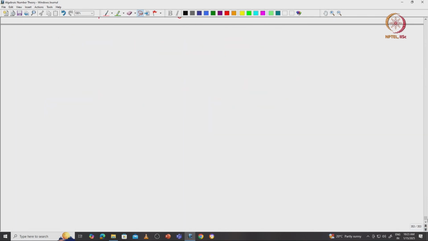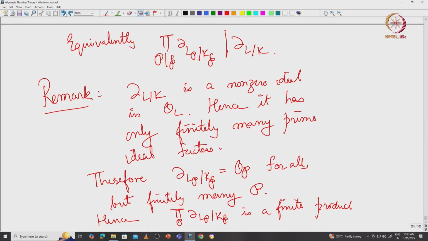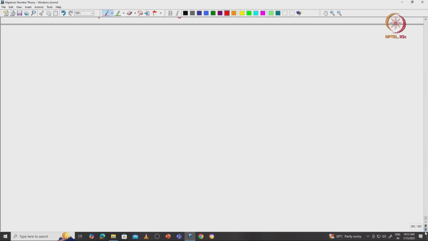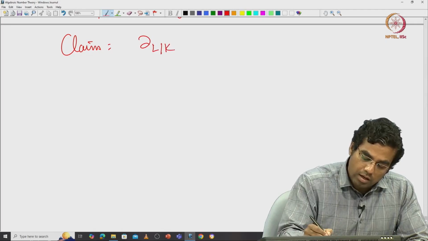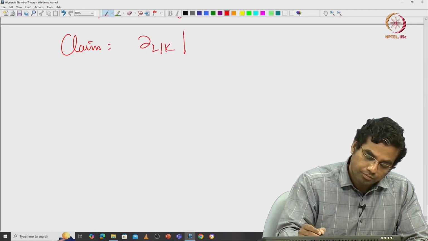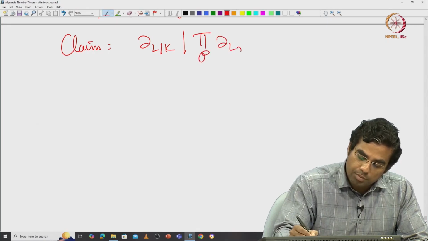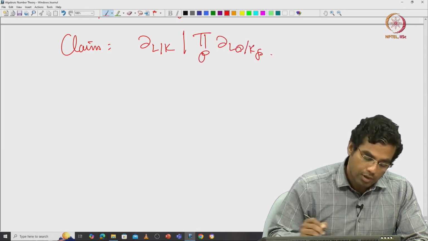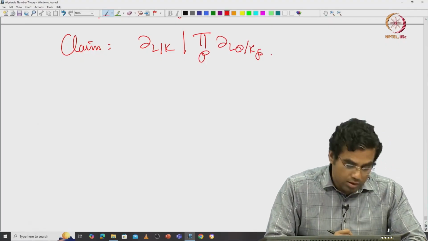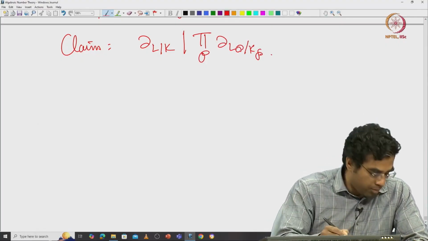Now, the next claim would be to show that D_L over K divides the product over p of D_{L_p} over K_p, right. That would be the other direction. So again we do this prime by prime.